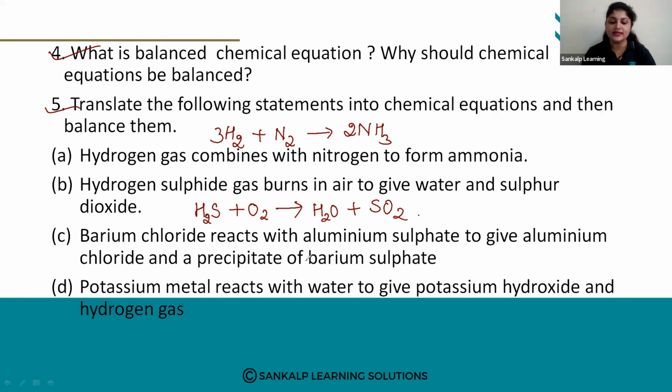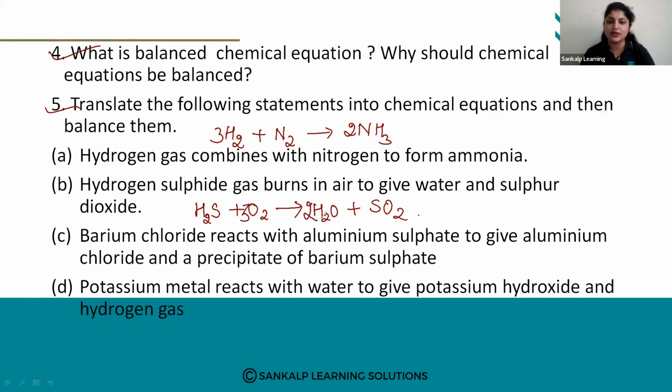So how do you balance this now? Sulfur is 1. Oxygen is 2. Right. So first I will balance the oxygen. So if I take 3 on the left, the right becomes 3, so I'll write 2 here.